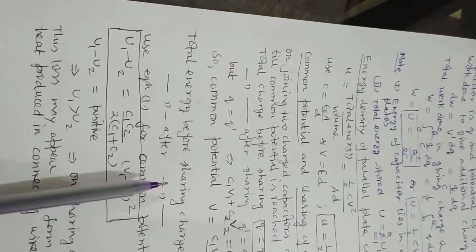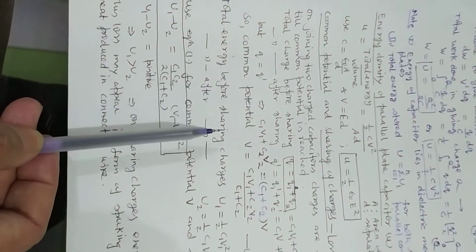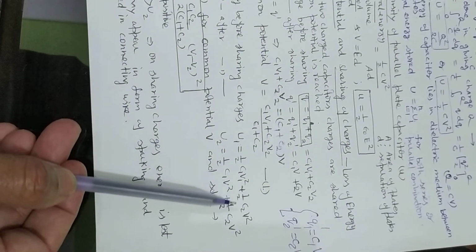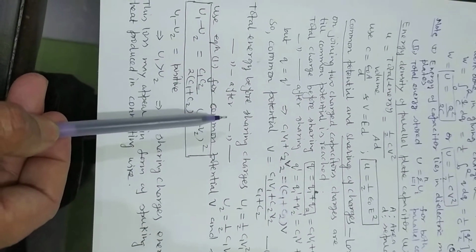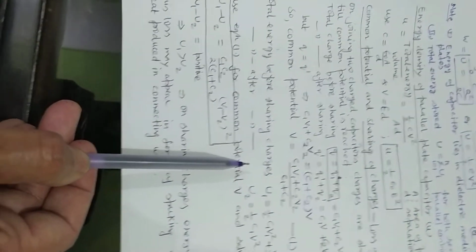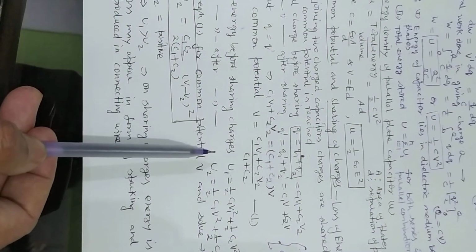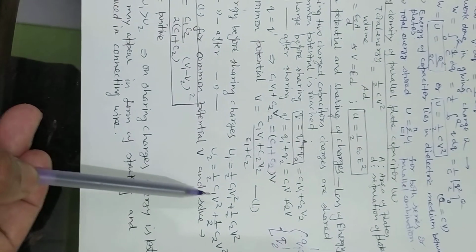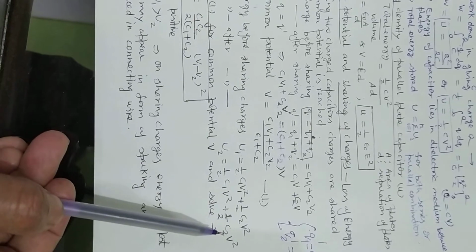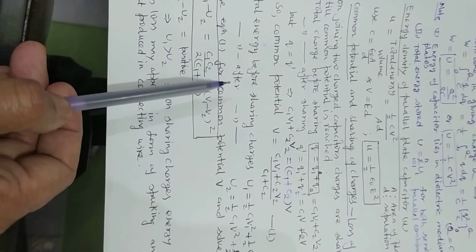Now let us learn about the energy. So total energy before sharing, we will have this. After sharing of charges, that is after joining the capacitors, the total energy will be 1 by 2 C1 V square and so on, because potential becomes common, the same.